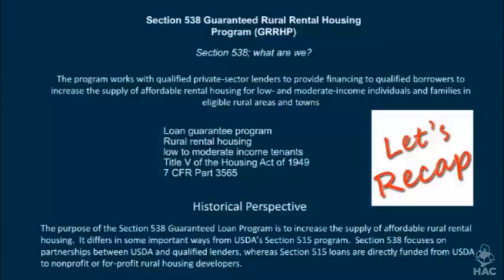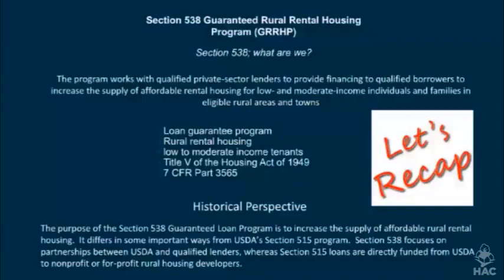Our program differs from the Section 515 program in that the 538 program focuses on partnerships between USDA and qualified lenders, whereas the 515 loans are directly funded from USDA to nonprofit and for-profit housing developers.